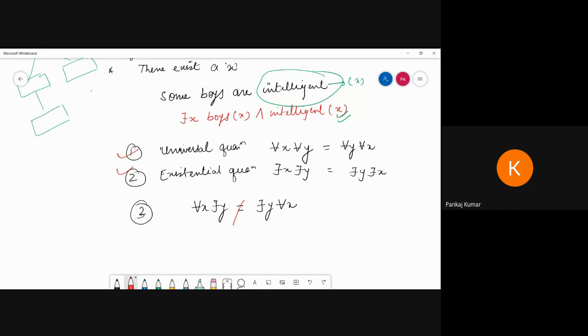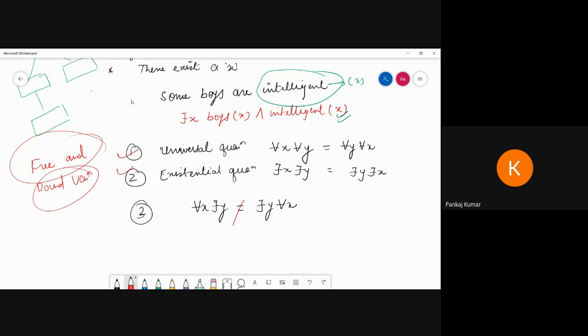Now we are going to discuss free and bound variables. These two variables we are going to discuss, free and bound. So what is a free variable? A variable is called a free variable if it occurs outside the scope of a quantifier.